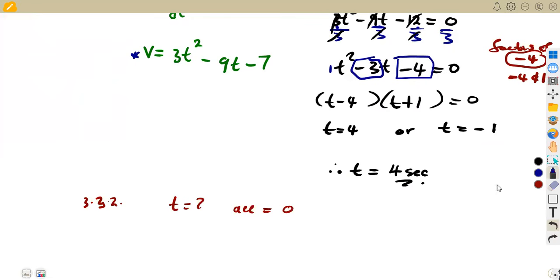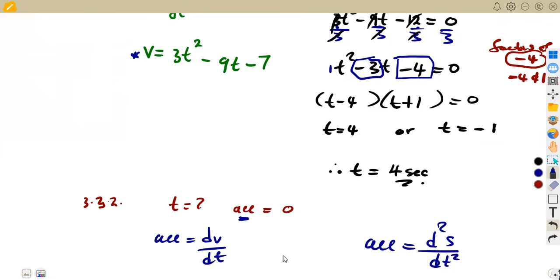Remember what I said about acceleration: it is the change of velocity over the change in time. If you are given the displacement, acceleration is the second derivative of the displacement with respect to time.